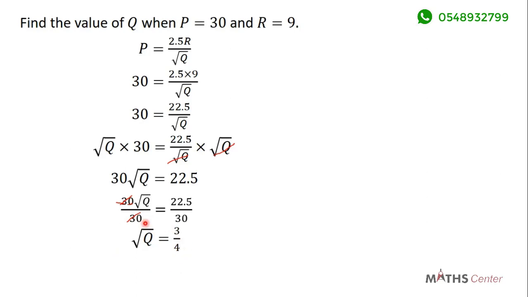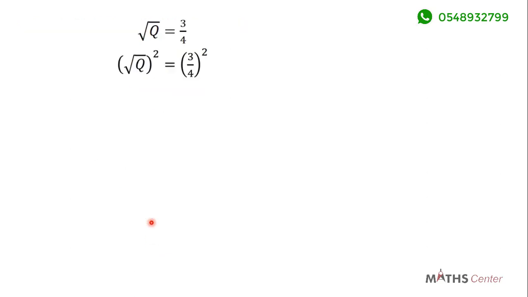We need to find Q or make Q the subject. From the videos on change of subjects, we learned that when you get to this level, in order to find Q, you square both sides. So we find the square of square root of Q and we find the square of 3 divided by 4, because whatever you do to the left hand side, you do the same thing to the right hand side.